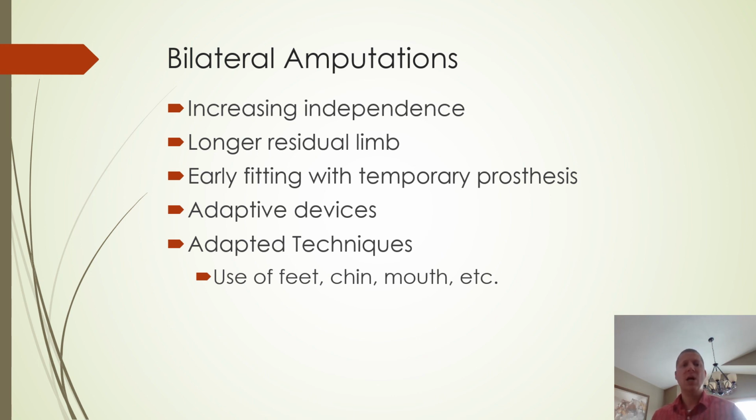Okay, and so depending on the injury, depending on where that amputation is at, certainly the higher up the amputation, the more difficult it is. But you would want to work again with that longer residual limb to try and get them fitted with a prosthesis to get them using them as much as possible.